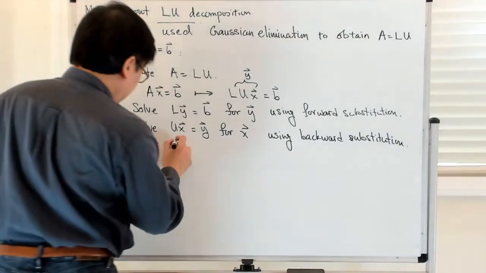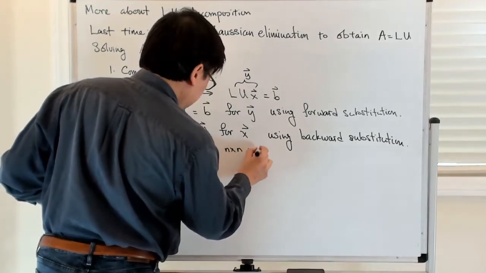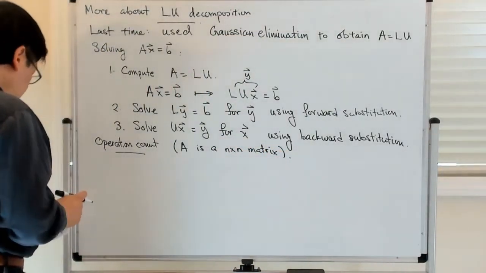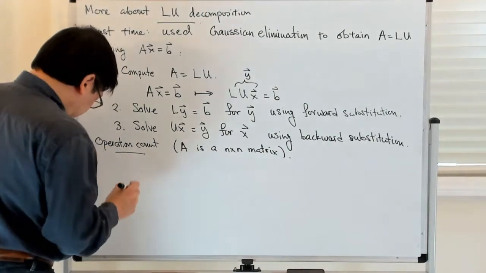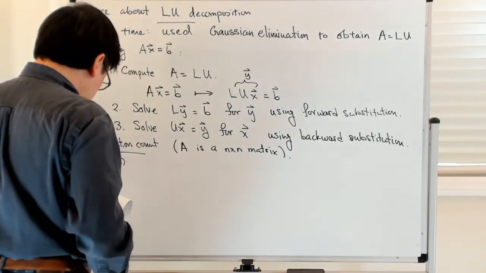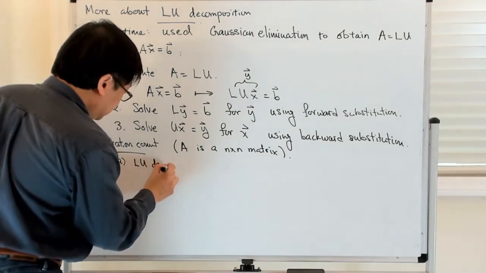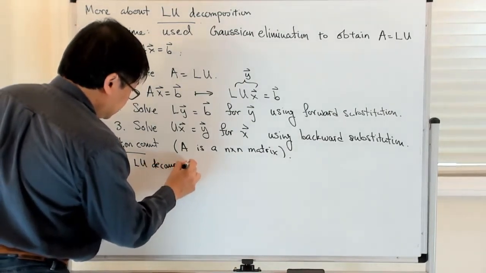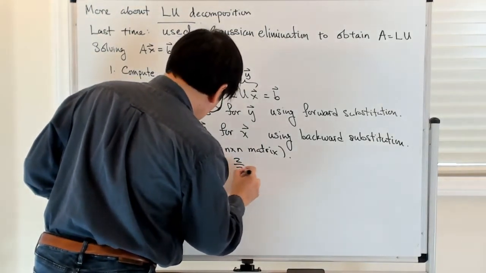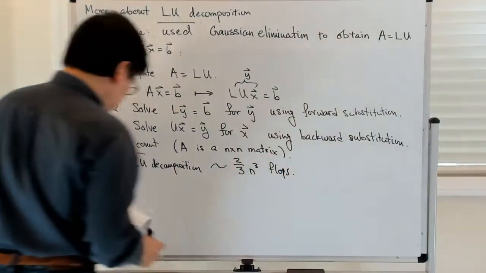Let's say that A is an n by n matrix. Let me just make the following observation: LU decomposition takes about 2/3 n cubed floating point operations.